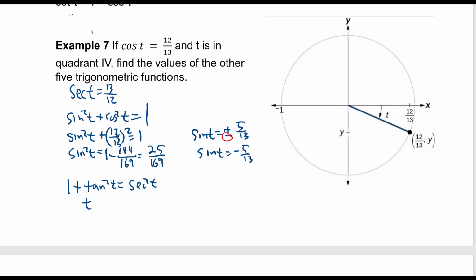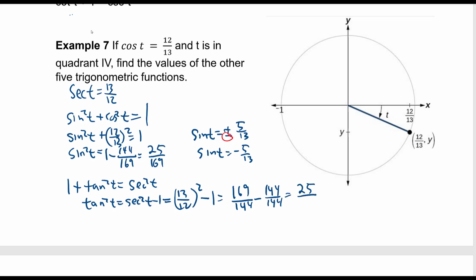So tangent squared t is going to be secant squared t minus 1. By the way, if you're going on to calculus, this will be helpful. So that's 13 over 12 squared minus 1, so 169 over 144 minus 144 over 144. I'm going to get 25 over 144.